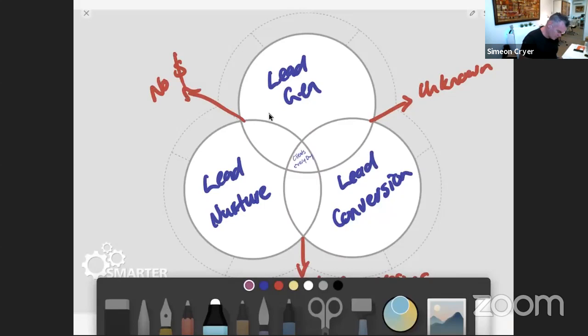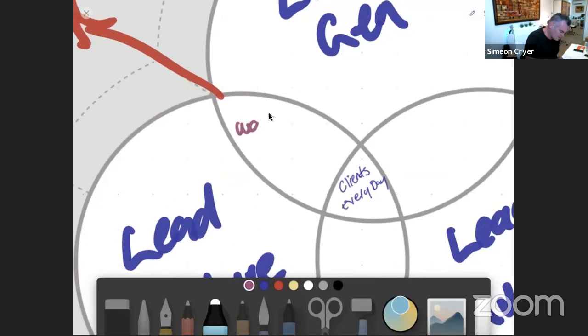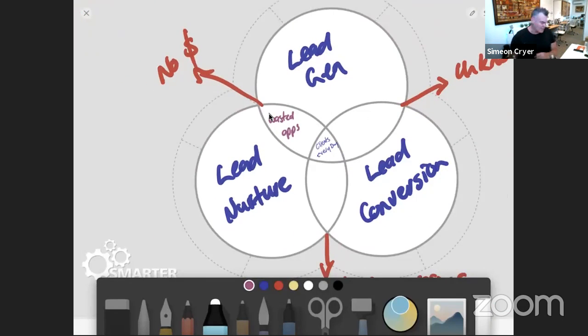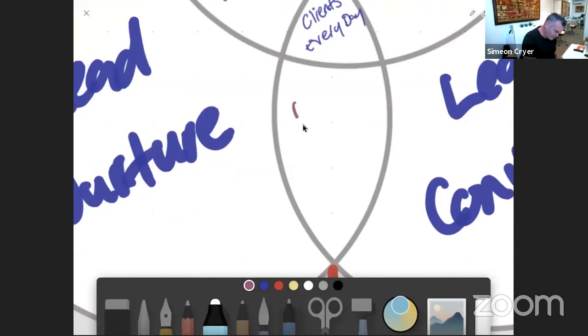So I'll just go to make that a bit smaller so I can write. So I'll just write wasted opportunities, wasted ops. Wasted opportunities there if you've got lead generation, lead nurture without any lead conversion. Similarly, if you've got lead nurture and lead conversion without any lead generation, then you've got a lack of opportunities, lack of ops, right?